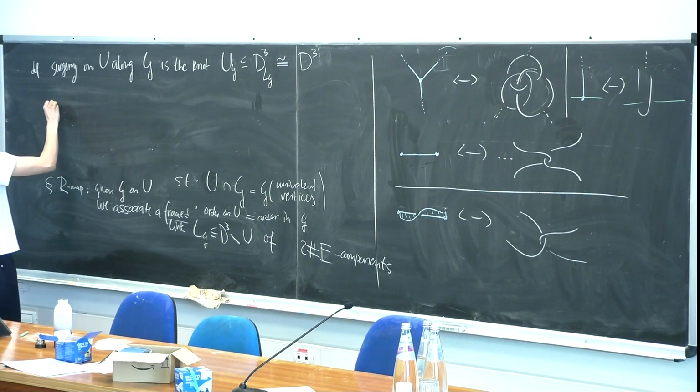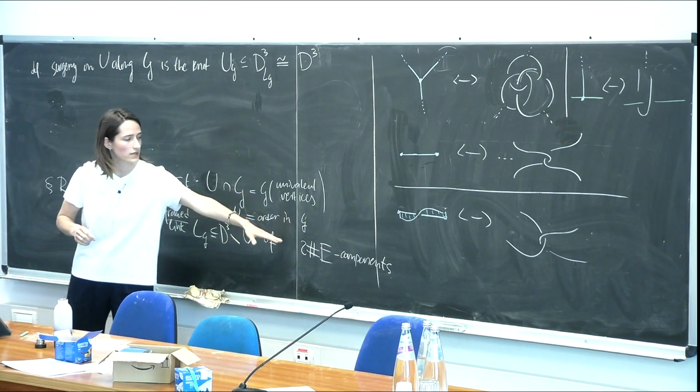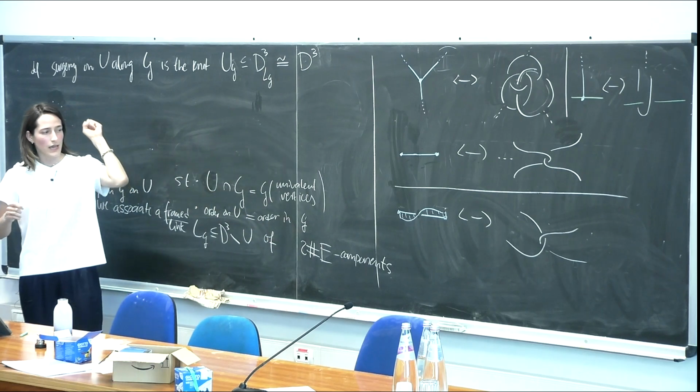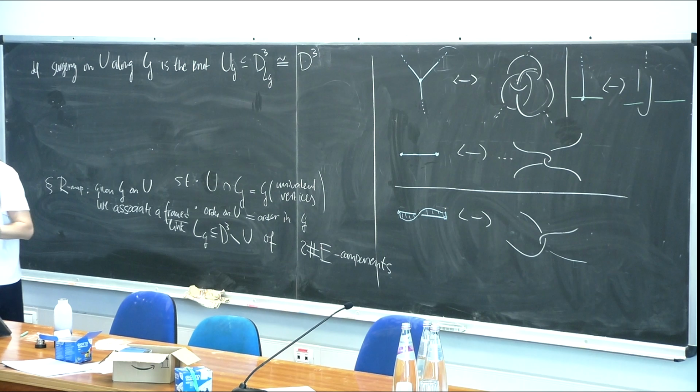What I mean by this is, maybe I'll just show it here. You see that D3 minus L_G is just what you get when you drill out neighborhoods of all these components of this link that has 2E components. You drill out each of them, and you glue them back in using these framings that we somehow managed to fix.